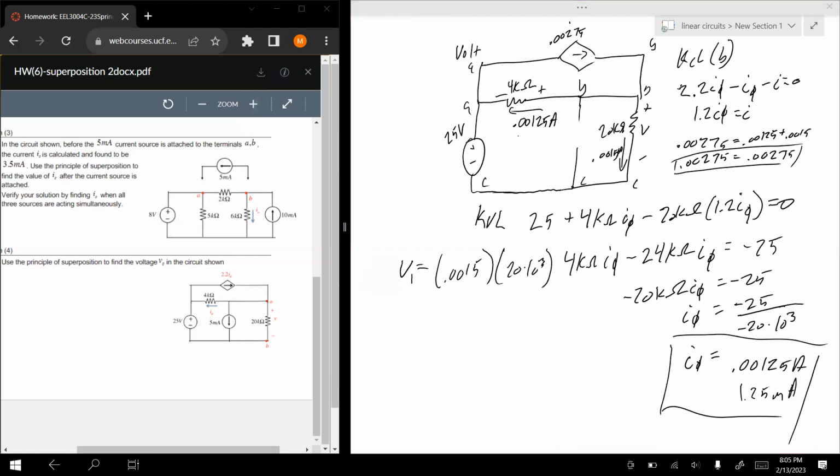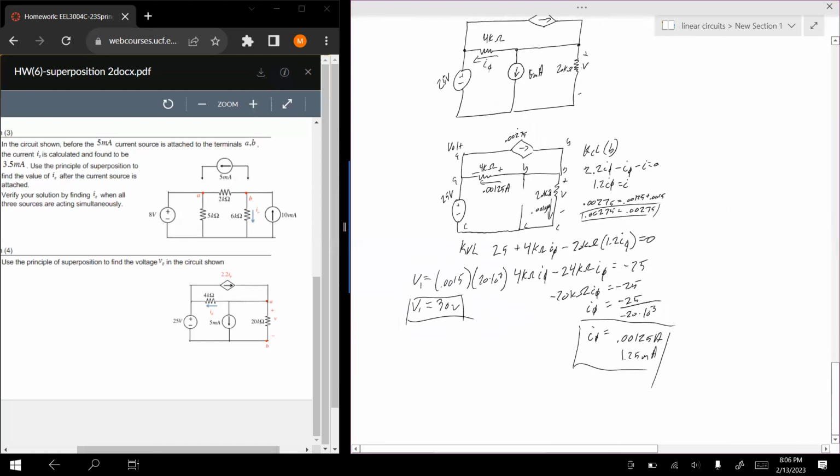Got a whole gang here now. 0.0015 times 20 times 10 to the 3. This is going to be 30 volts. 30 volts is my answer. Part one of my answer. So I get 30 volts.